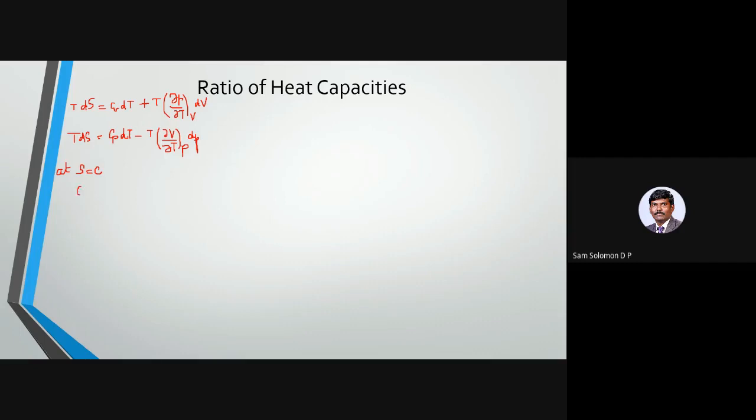So what you will have is Cv dT is simply minus T times partial P by partial T at constant V into dV. So this is for Cv dT.